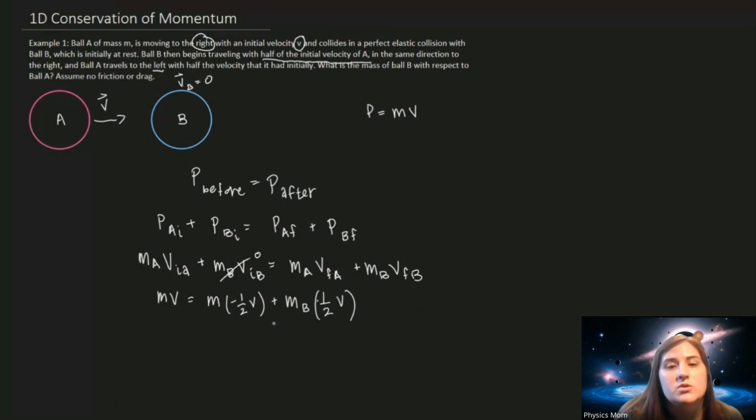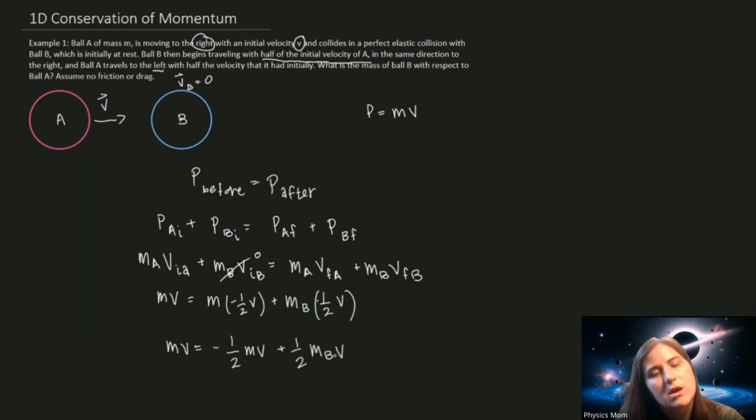Then I'm going to solve this for the mass of B. That's what we're trying to find. So this is going to be mv equals -1/2 mv plus 1/2 m_B v. Then let's add this to the other side. You can think of this as 2 over 2, if that helps you add that.